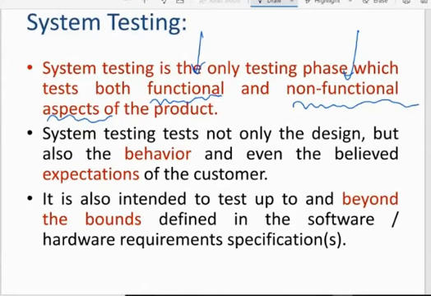Your system testing tests not only the design but also the behavior and even the believed expectations of the customers. Expectation is like usability. Usability should be high, user friendliness you can call it.